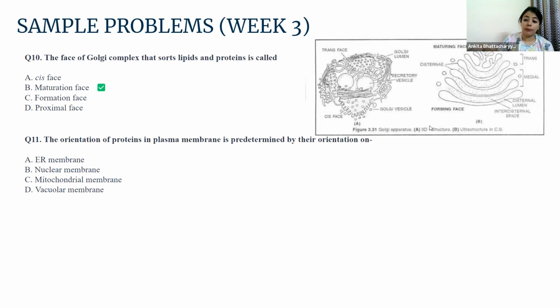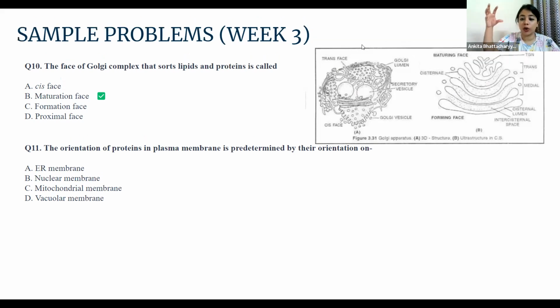The next question is asking about the orientation of proteins in the plasma membrane, which is predetermined by their orientation on the ER membrane, the nuclear membrane, the mitochondrial membrane, or the vacuolar membrane. If you look at this diagram, since we are talking about sorting or vesicular trafficking, proteins which are destined to be present on the plasma membrane have to go through this vesicular trafficking or sorting process.